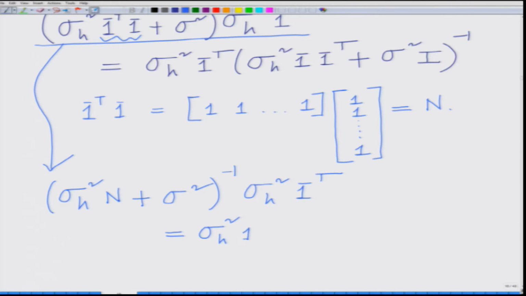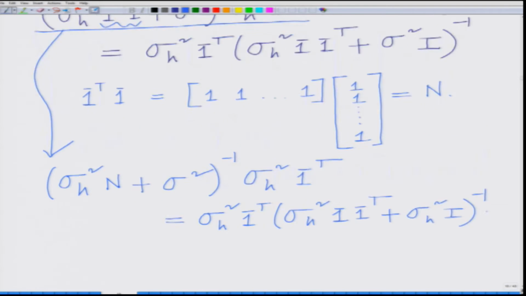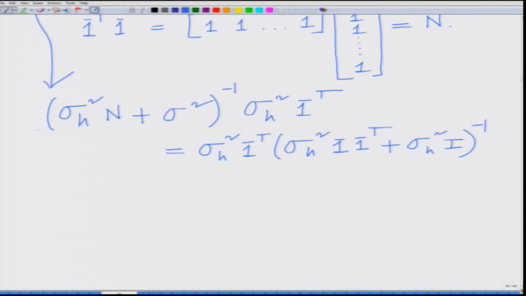sigma h square 1 bar transpose times sigma h square 1 bar transpose plus sigma square identity inverse. Now, this is a scalar quantity, look at this, this is simply a scalar quantity. So, the inverse is the reciprocal.